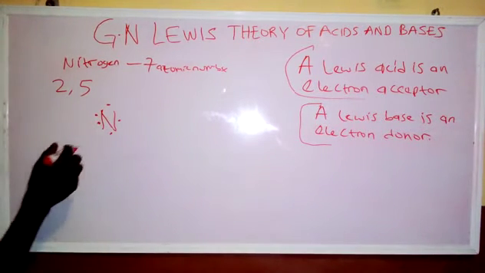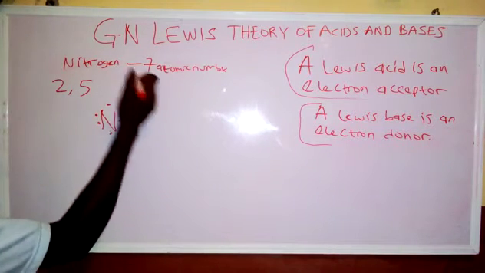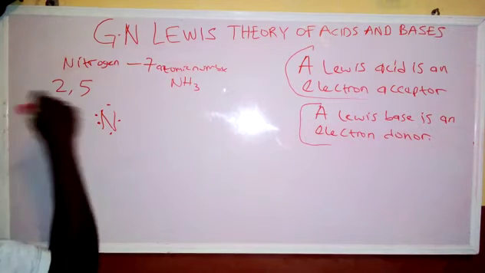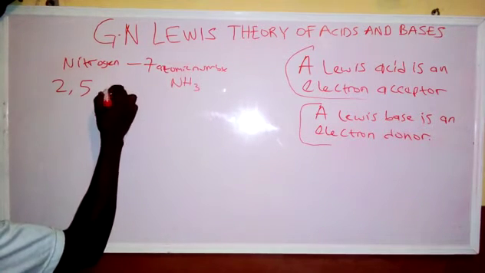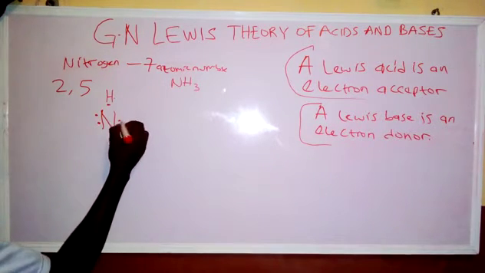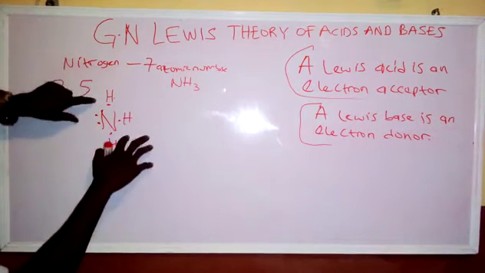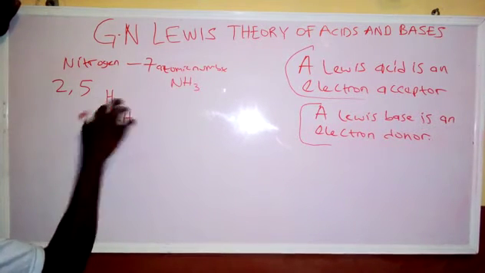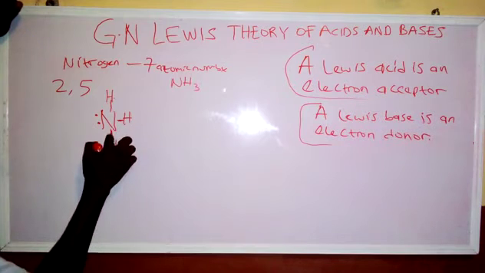Now look at something. Hydrogen. Don't forget this is ammonia, NH3. So now look, one hydrogen will come here, another one will come here, another one will come here. So this is the formation of NH3.